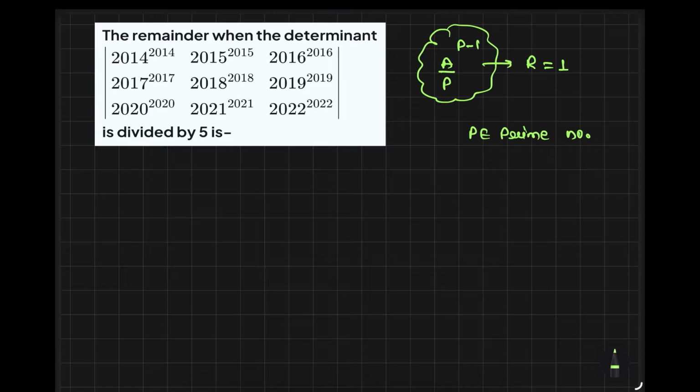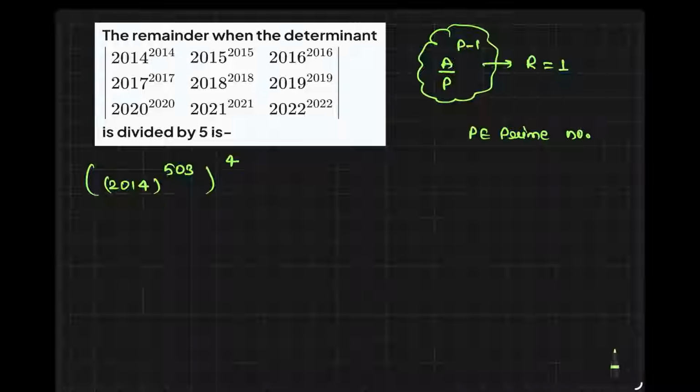So p is 5 and p minus 1 is 4, so I will write 2014 to the power, if we write things in terms of 4, so 4 5s are 20, then 4 3s are 12, correct?